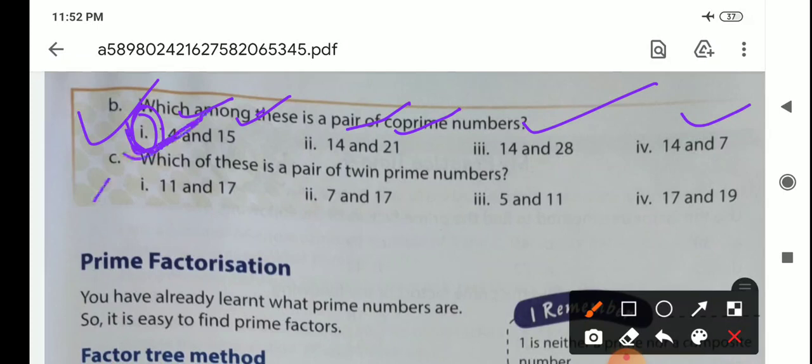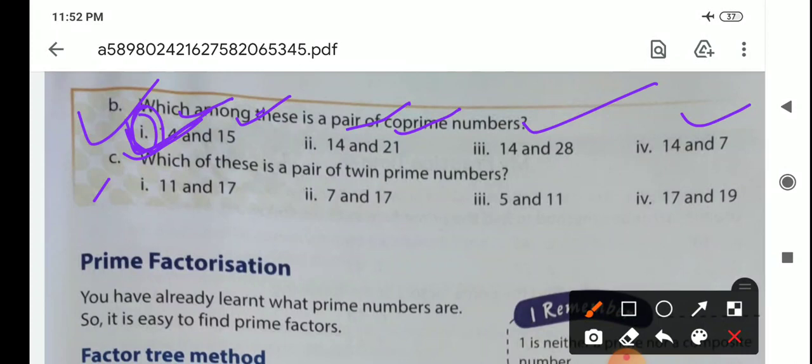Then part C. Which of these is a pair of twin prime numbers? Twin prime numbers, here you check. The 2 numbers are prime and the difference will be 2.